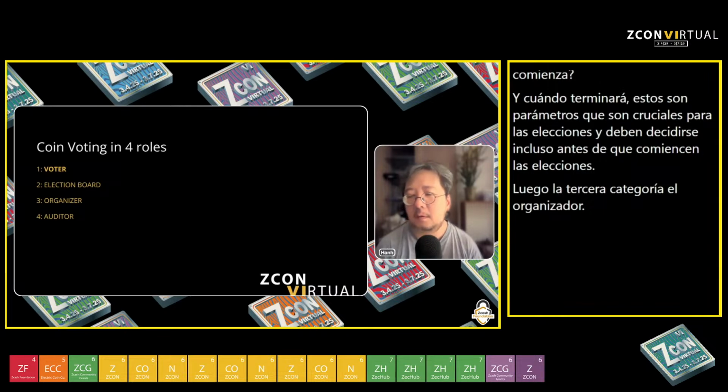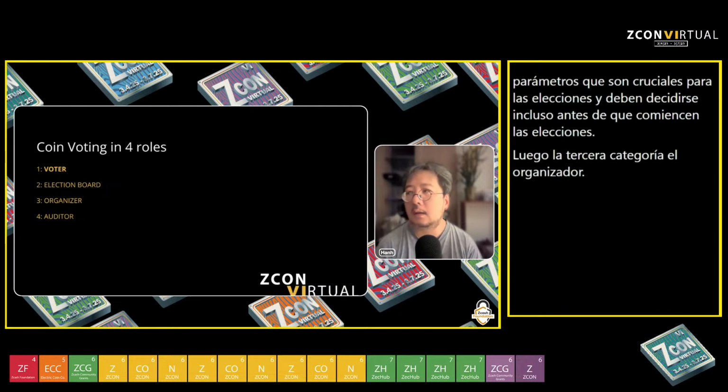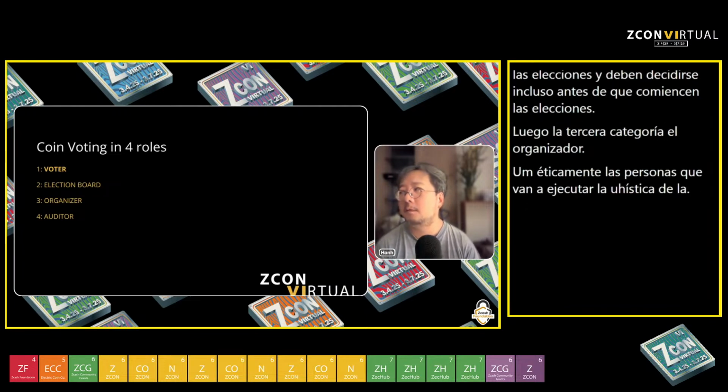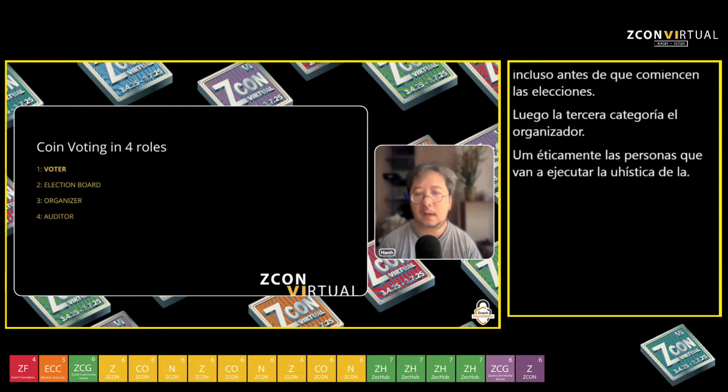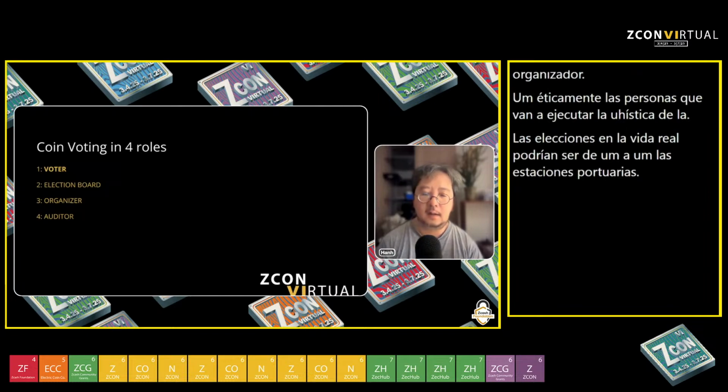basically the people who are going to run the logistics of the election. So in real life, it could be equivalent to the polling stations where the electors come. They have a ballot. They show their ID. They register. They cast their ballot, and it goes into a box.